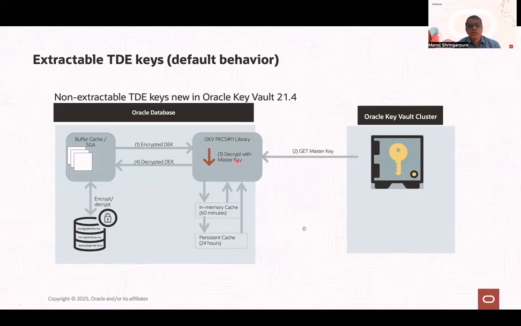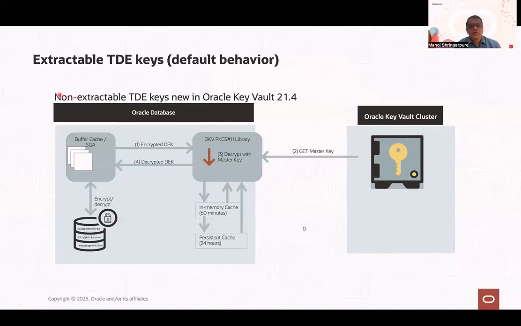So one is we put the master key in a separate environment. But one of the advantages is we can cache these master keys. It has a default in-memory cache of 60 minutes and a persistent cache of 24 hours. Both could be extended so that any unavailability of key vault, any network outages or disturbances can be tolerated, and your database will continue to work as long as this persistent cache does not expire.